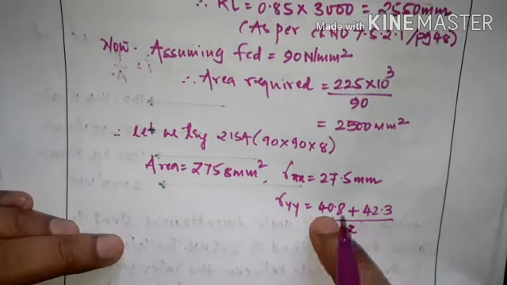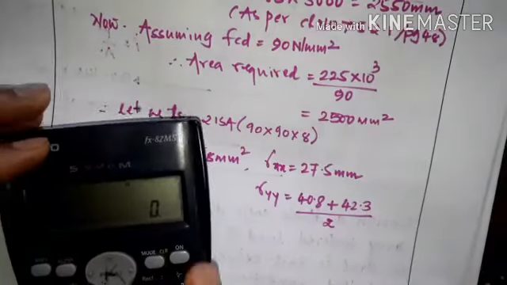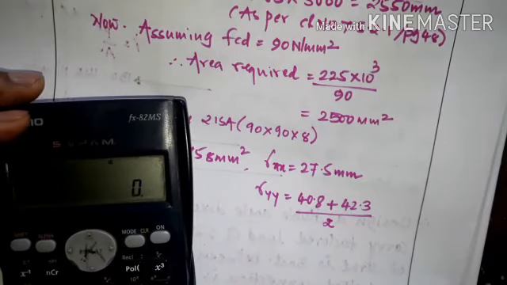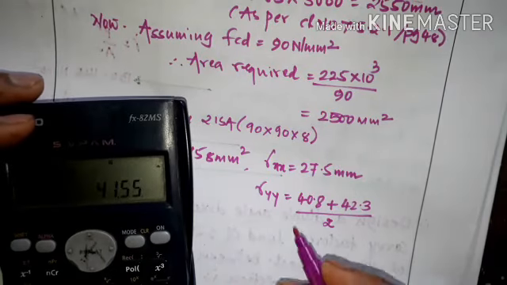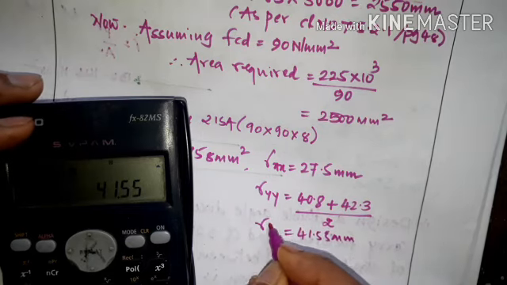So for 12 mm you can interpolate directly, the average value is 40.8 plus 42.3 divided by 2. So you will get 41.55 mm. So that is RYY.